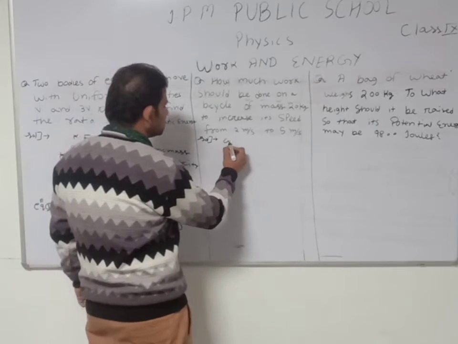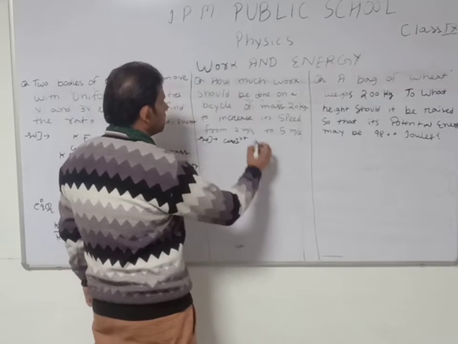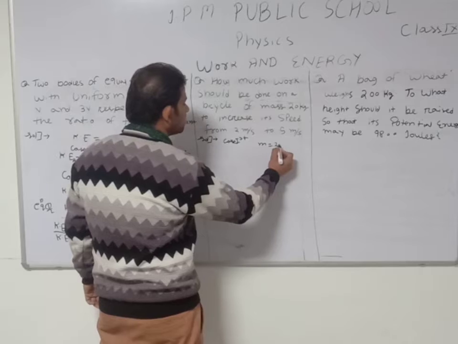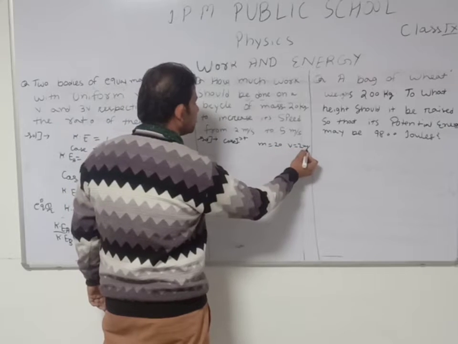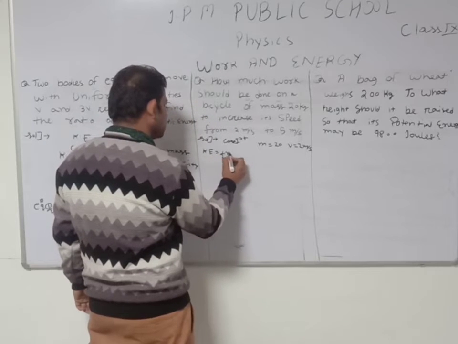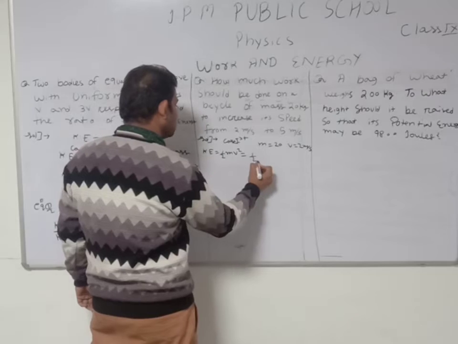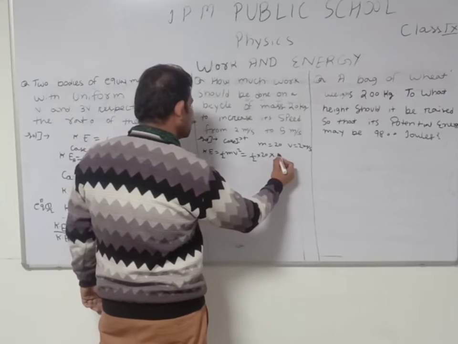It is first: m equal to 20, v equal to 2 meter per second. Kinetic energy equal to half m v square, half the value of m is 20 and the value of v is 2.